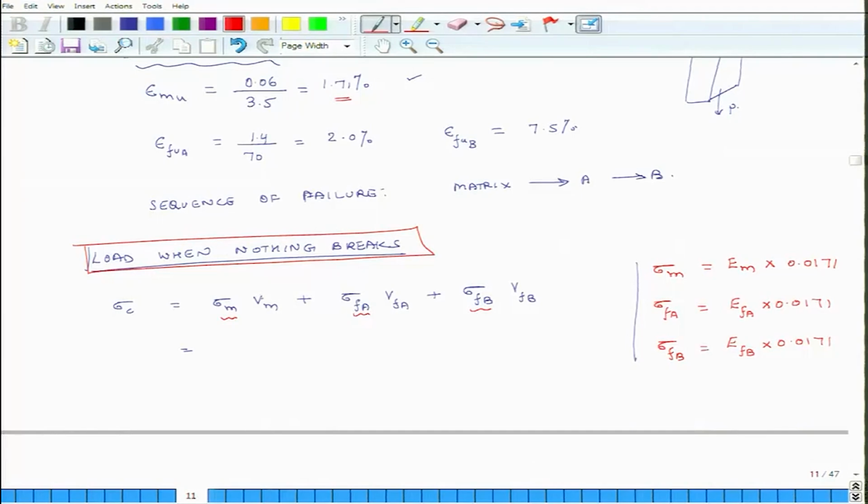And we already know the volume fractions of each of these components. The volume fraction of matrix is how much? We just calculated it, it is 0.47, for fiber A is 0.31, and for fiber B is 0.22. Okay. So, with all these, and we already know EM, Young's modulus, we can calculate all this. So, what we get is 422 MPa.